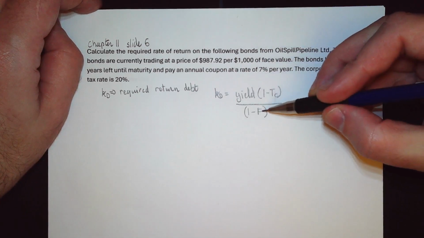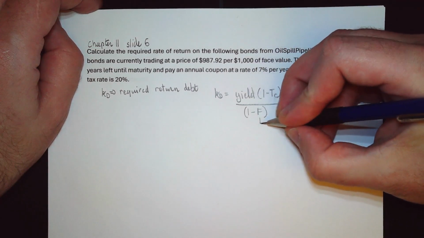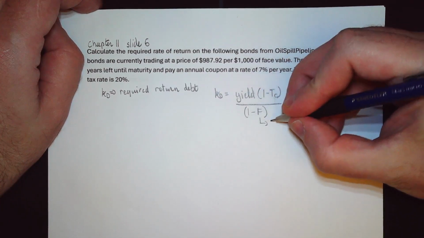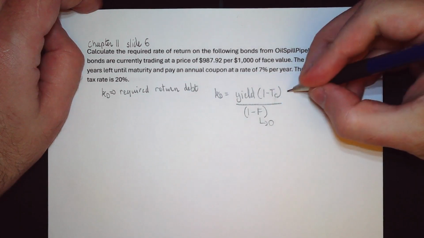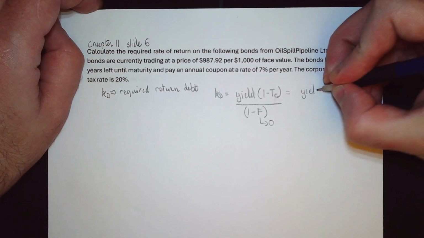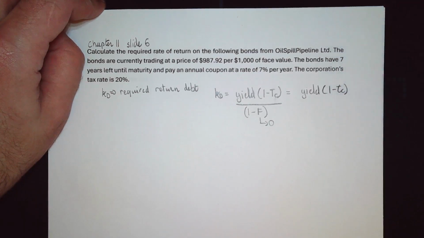So flotation costs in this case would be the flotation cost of debt. But as I said, for this chapter, for chapter 11, I'm just going to assume that the flotation cost is 0. So for you, in this class, KD will just be the yield on your bond times 1 minus the corporate tax rate.